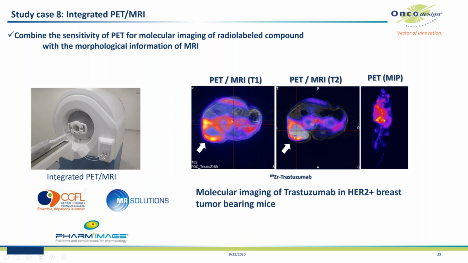Is it going into the center of the tumor, or, like in these images, more in the periphery? And what exactly are the other organs where your compound is going? That is not possible with only the PET image.